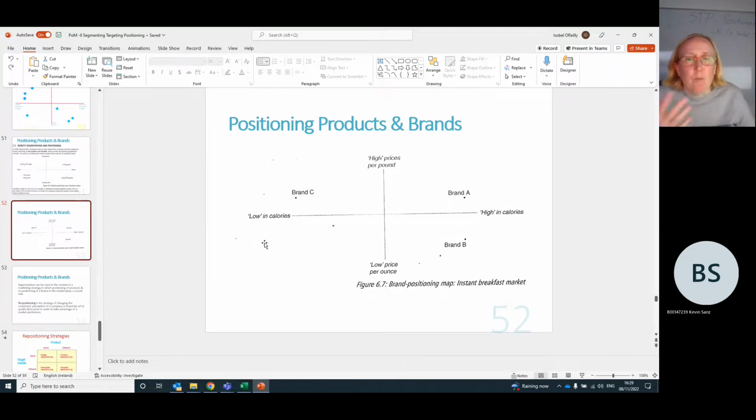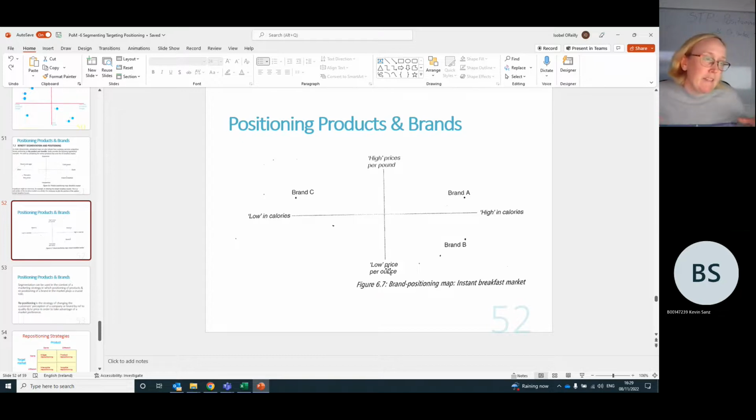So we end up then with, we keep going with these perceptual maps, and once we have something we want to expand it further. So then we create a new perceptual map and we start looking at high prices per pound or per ounce, whichever way. I mean, this is an odd diagram. It should be the same both sides, but per weight, high prices per weight versus low price per weight.